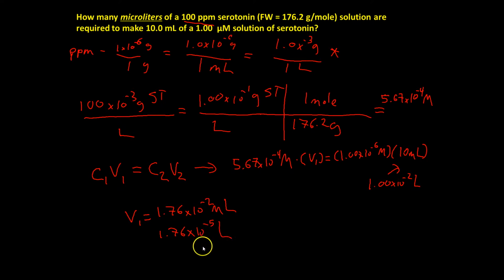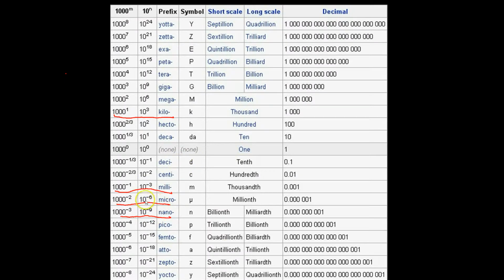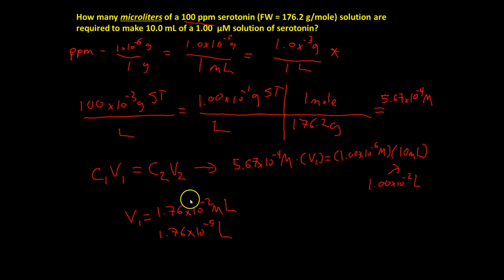Okay. And so it's important to remember our prefixes. Remember that micro is 10 to the minus 6. If you thought about this in terms of milliliters, this would just be 0.0176 milliliters.